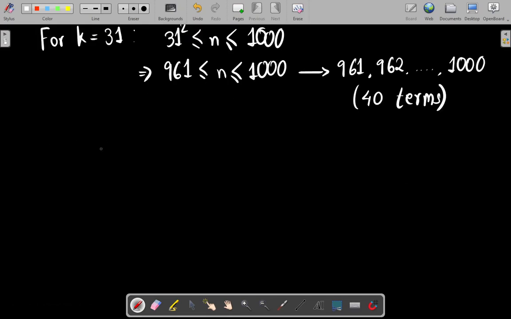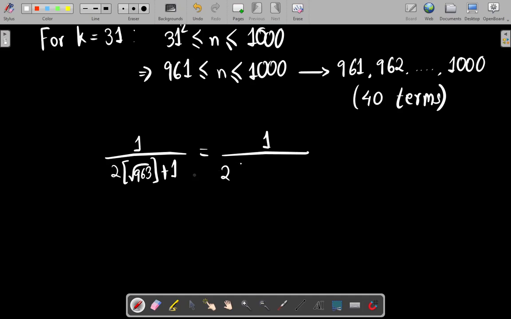So the sum of any of these terms will be, let's say, I take the value 963. I'm taking a particular term here. This is going to be 1 upon 2 times, this is 31 point something. So the greatest integer will be 31 plus 1. So this will be 1 upon 63, right?